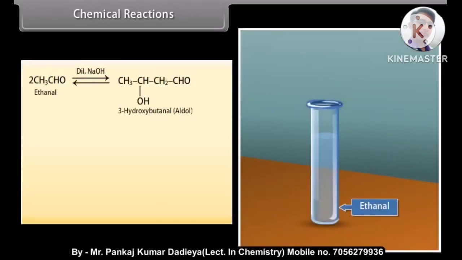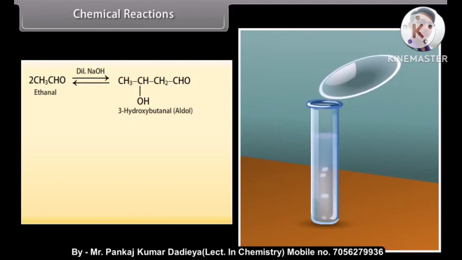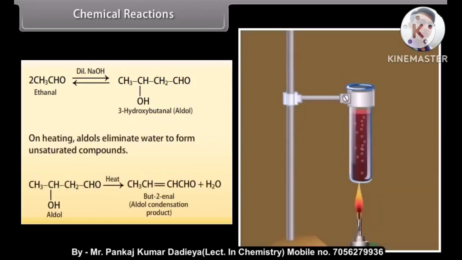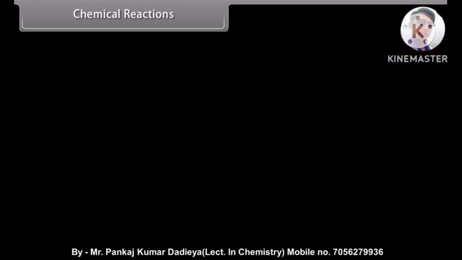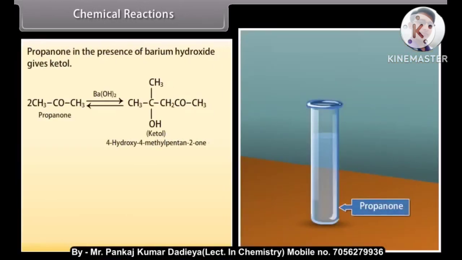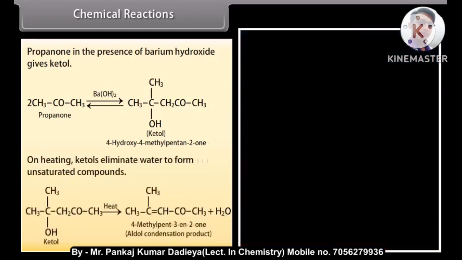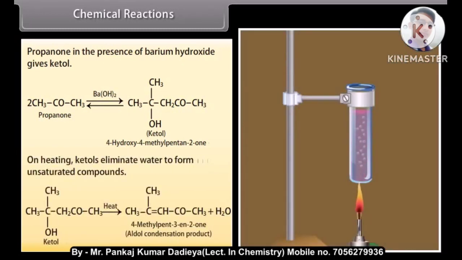Ethanal, in the presence of dilute sodium hydroxide, undergoes condensation to form a syrupy liquid known as aldol. On heating, aldols eliminate water to form unsaturated compounds. Propanone, in the presence of barium hydroxide, gives ketol. On heating, ketols eliminate water to form unsaturated compounds.